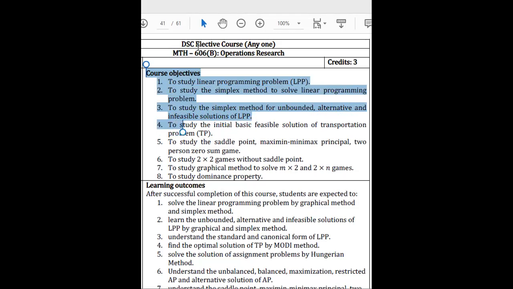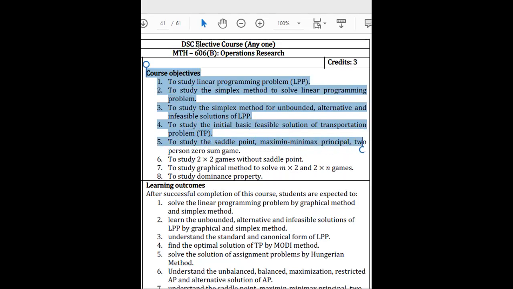Then the next topic is transportation problem. We will study transportation problem. The next objective is we will study game theory.